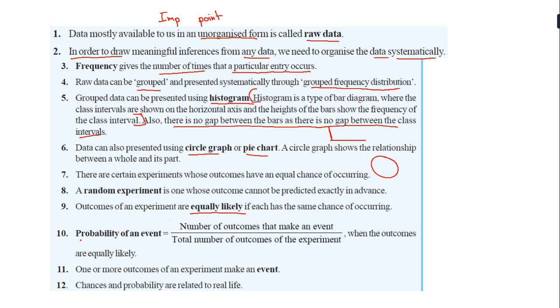So probability P of event E is equal to the number of outcomes divided by the total outcomes. One or more outcomes of an experiment make an event. Chances and probability are related to real life also. These are all examples related to chance in real life. I think it is sufficient now; chapter number 5 we have completed.